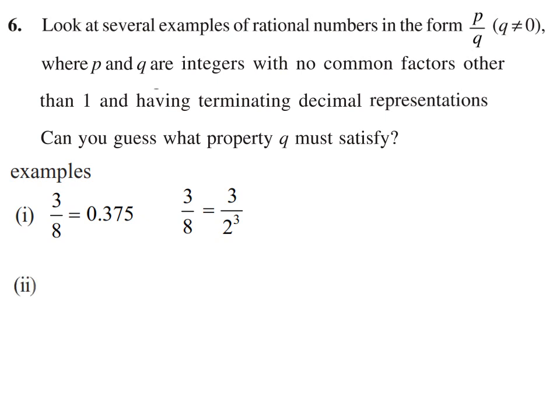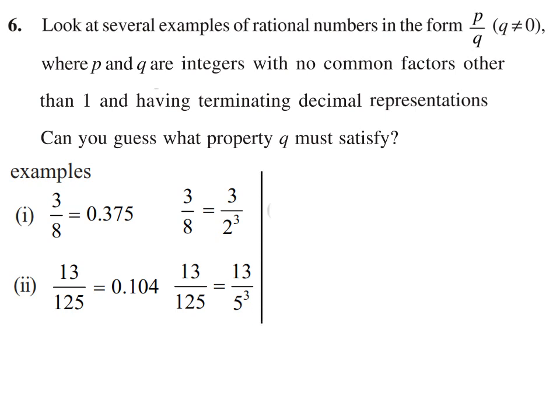Now the second example is 13 by 125. Its decimal expansion will become 0.104, again a terminating decimal expansion by the long division method. What can you say about the denominator? 13 by 125 can be written as 13 divided by 5 to the power 3.